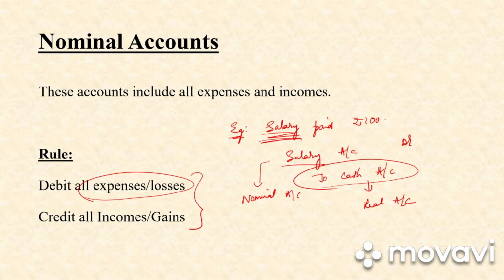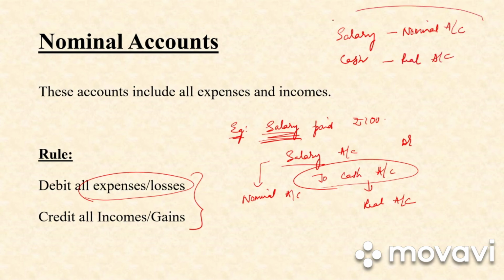So the first thing we need to know is find out which are the two accounts involved in this. It is salary, it is cash. So salary is which kind of account? Nominal account. What is cash? Real account. And then apply the rule and decide what will be debited and credited.